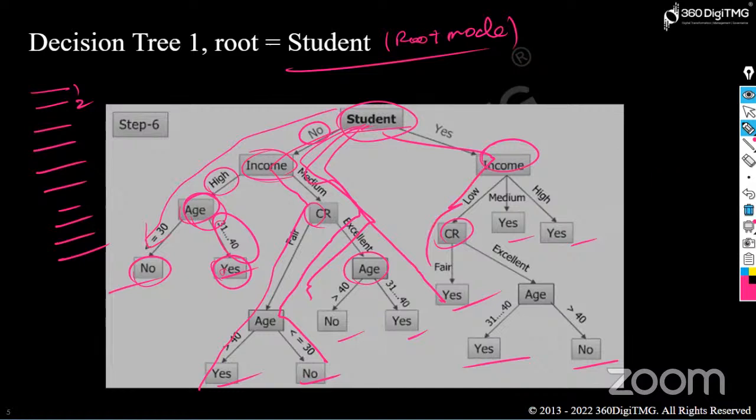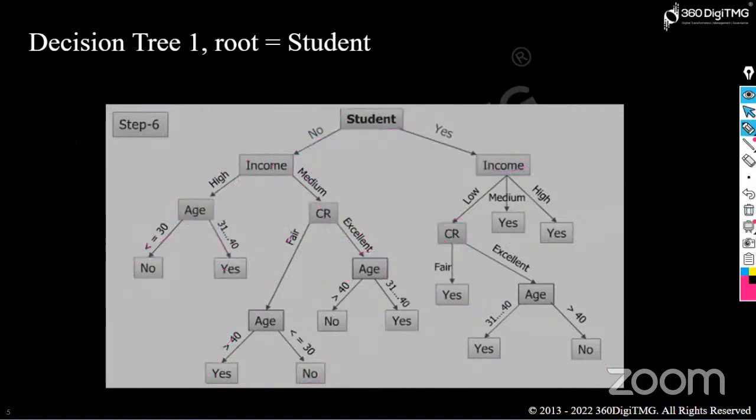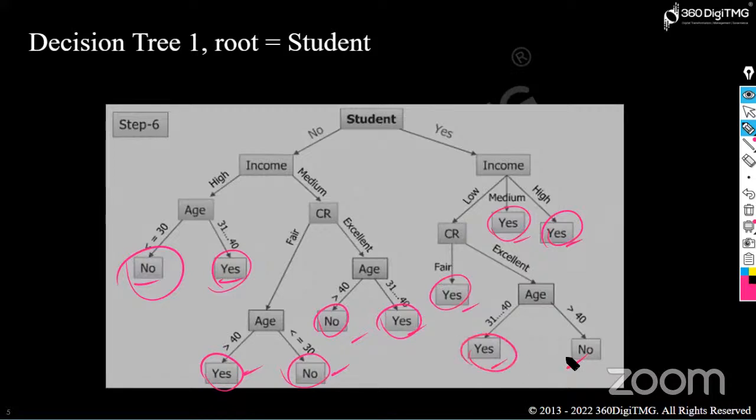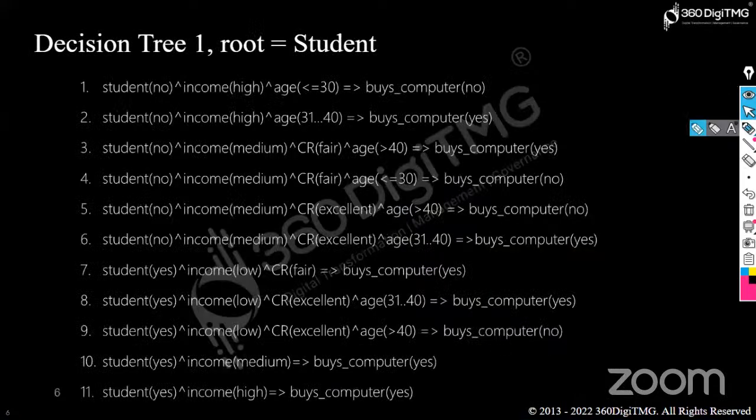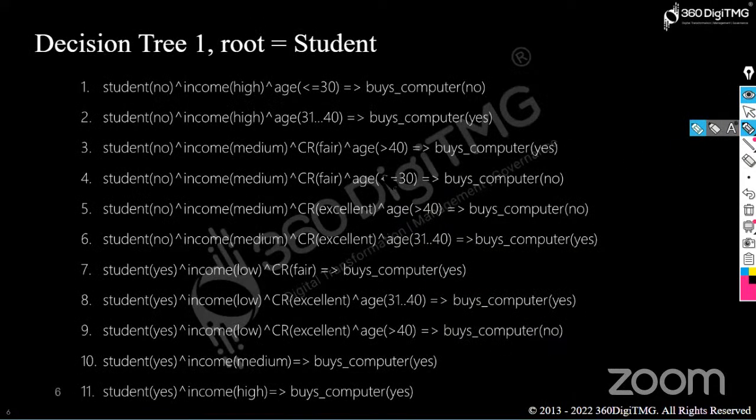Like this, you have how many paths? So you need not worry about calculating the paths. When you see the leaf node and count it, you'll come to know the number of paths. How many? 1, 2, 3, 4, 5, 6, 7, 8, 9, 10, 11. So you'll be finding 11 paths and you'll be finding the 6 steps. 6 parameters like student, income, credit rating, age.